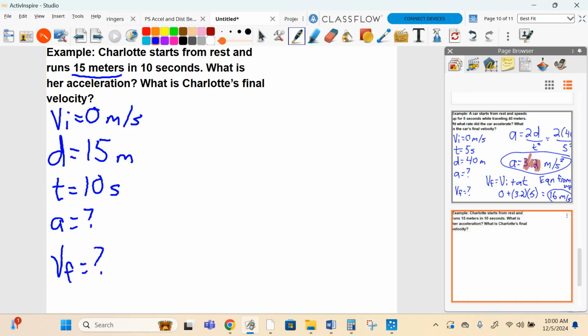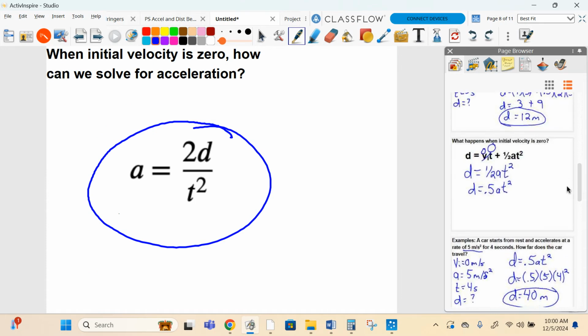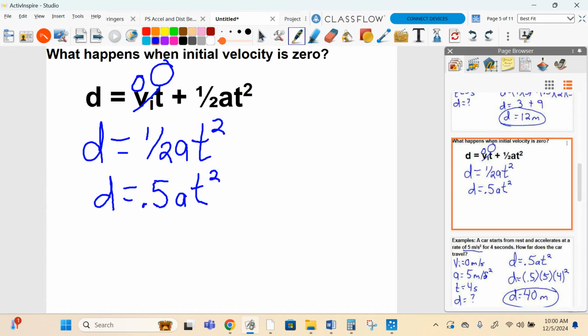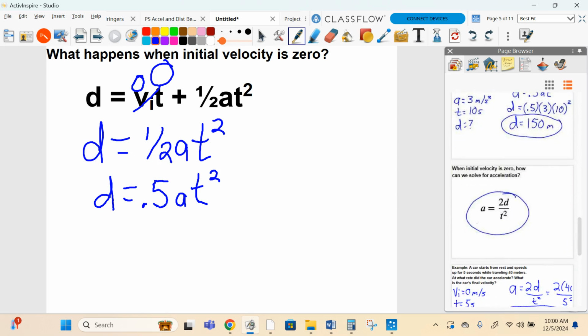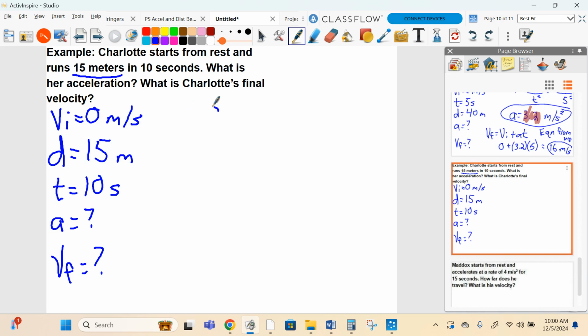Okay. So first up, I'm taking a look. If I'm solving for A, I want to use this equation. If I'm solving for D, I want to use this equation. This problem, I'm solving for A, so I'm using the one that has A by itself. A equals 2D divided by T squared. Plugging in my numbers, 2, how far did it go?